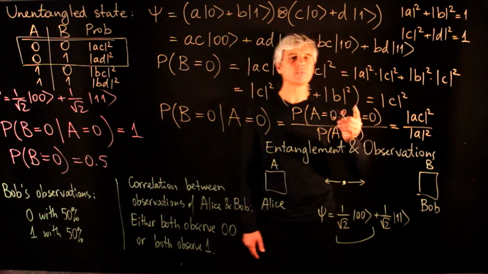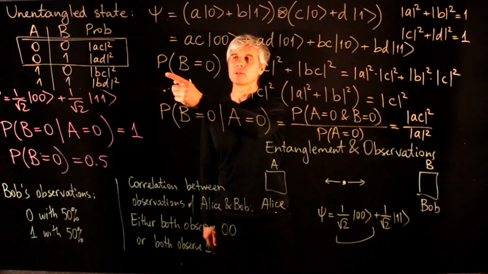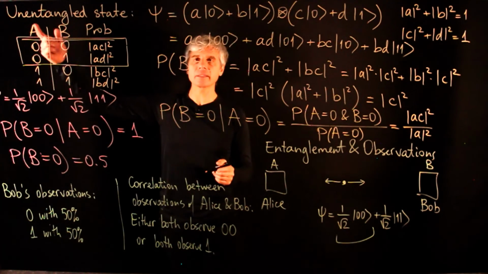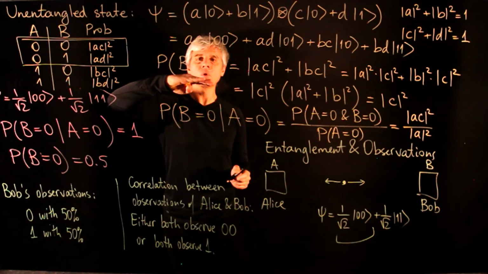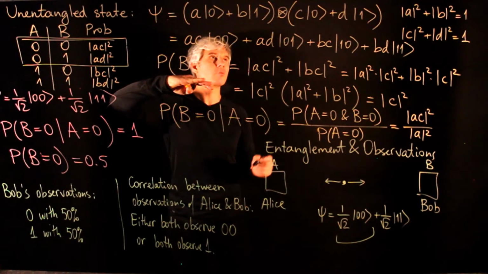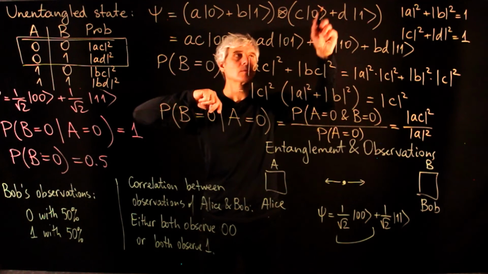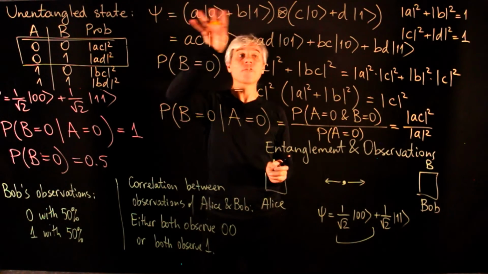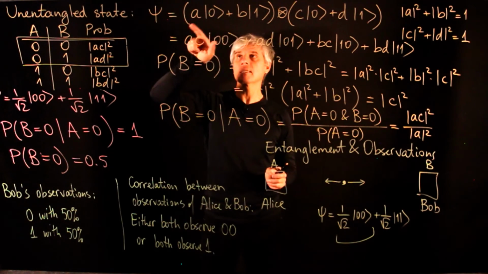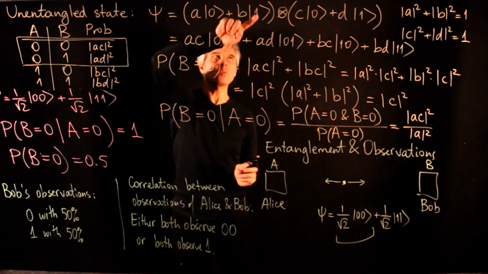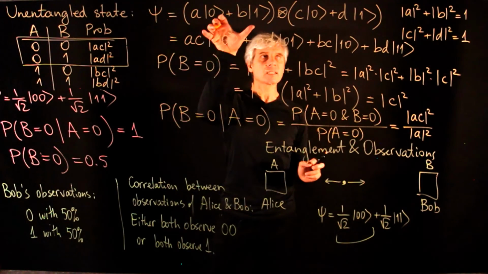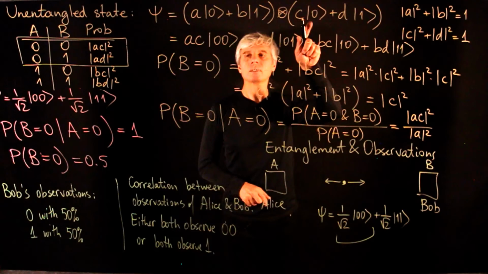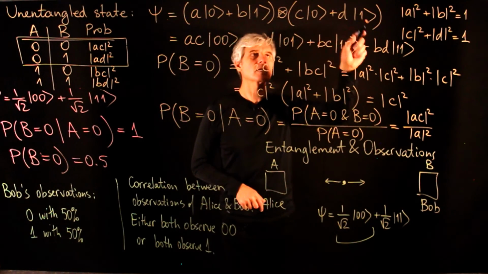So essentially, what this calculation says is that for an unentangled state, if we want to see the probability of Bob observing 0 on his second factor, this does not depend on the first factor, right? So it doesn't matter what psi 1 is. If the state is unentangled, then we can infer the probability of Bob observing 0 just from the second factor.